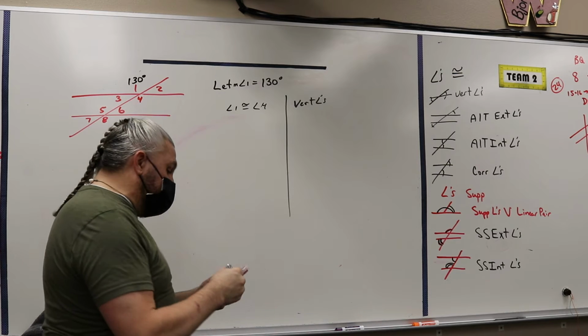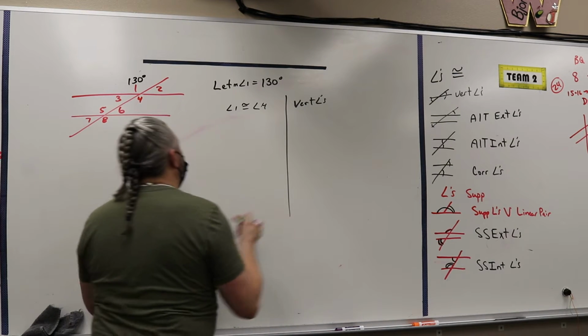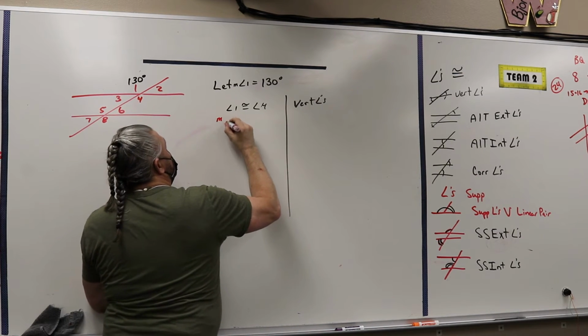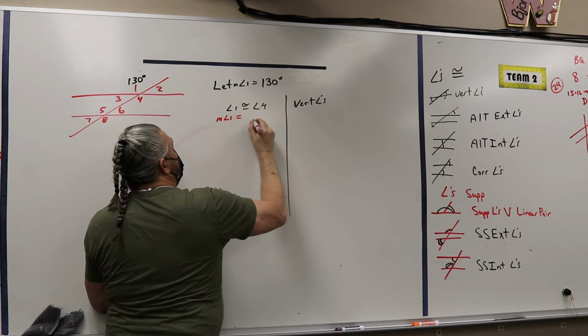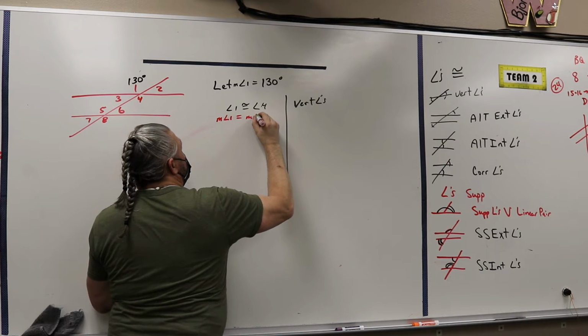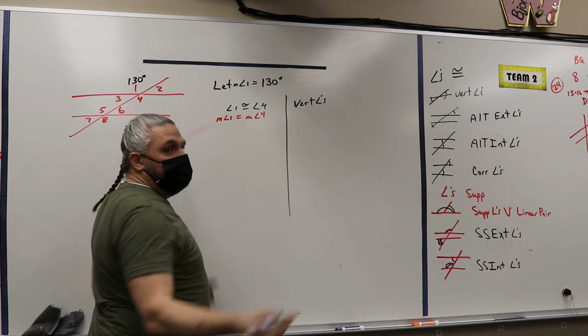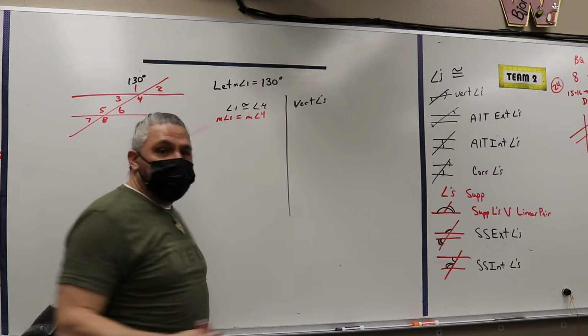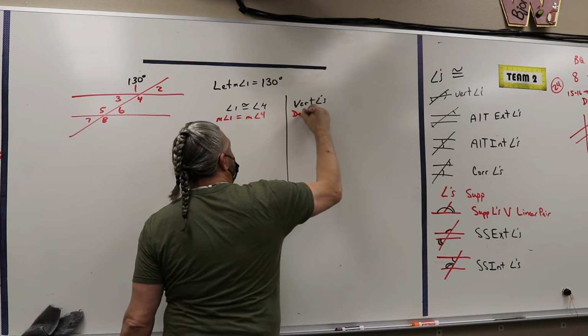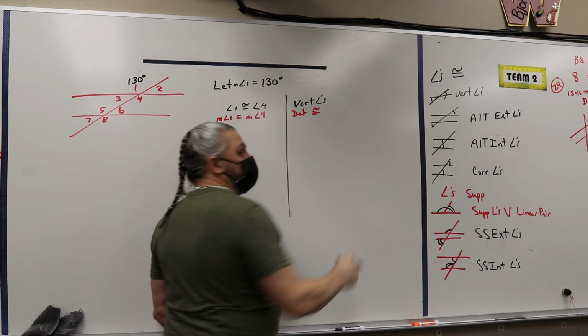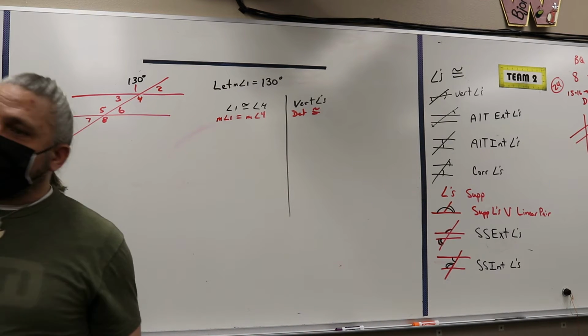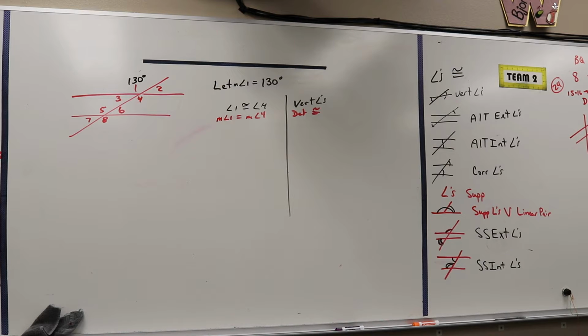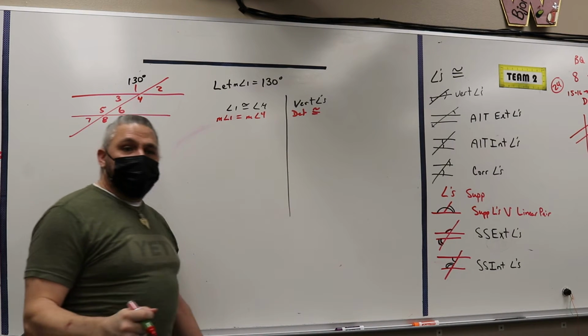What that means now is I can say that the measure of angle 1 is equal to the measure of angle 4, right? Why? The definition of congruency. The definition of congruency tells me that if two angles are congruent, then their measures are equal.